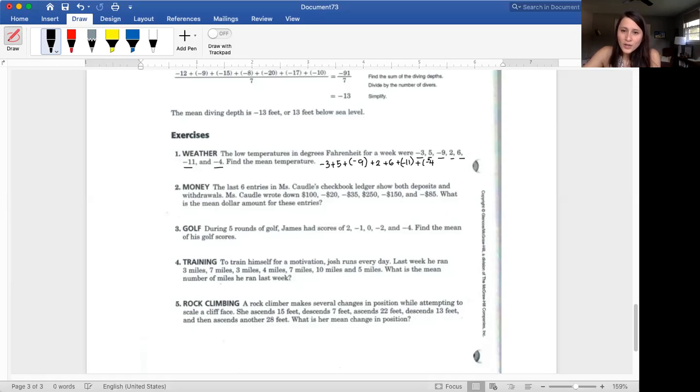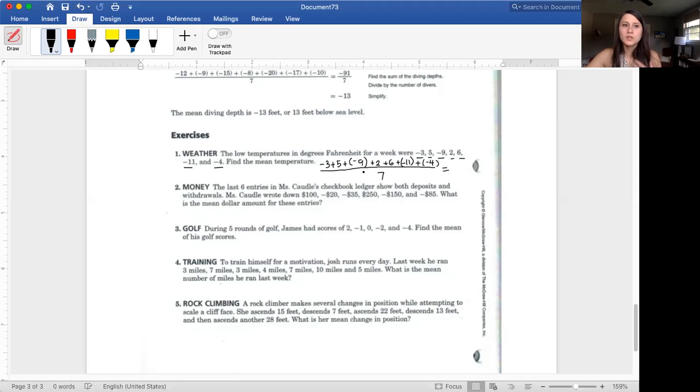Now, when I add all this up, I could put all this in parentheses and then divide by 7. But another way to write this out is to put that all over 7. And so when we put it all over 7, that just means add all this up and then divide it by 7.